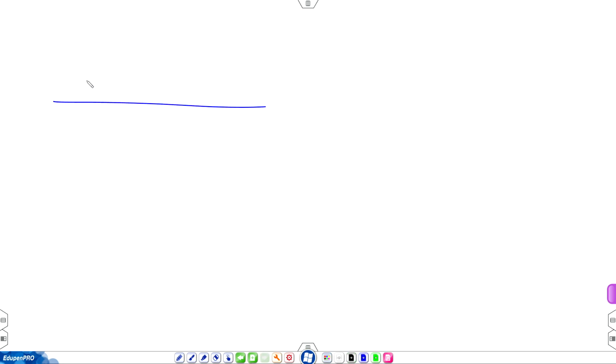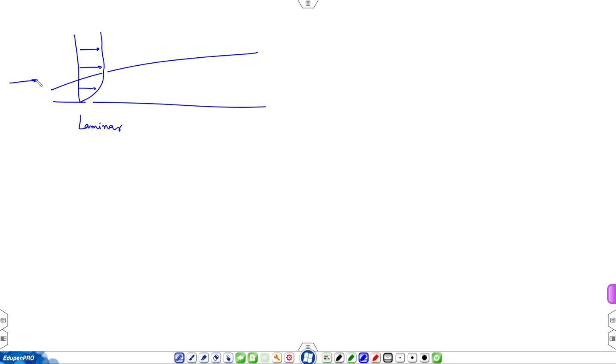So, in the laminar state of flow, this is laminar, flow is from left to right, and much farther downstream because of the presence of disturbances in velocity, the velocity distribution tends to become flat.